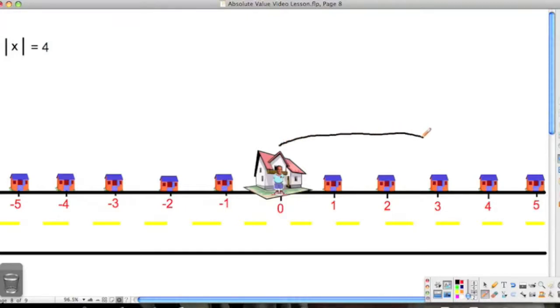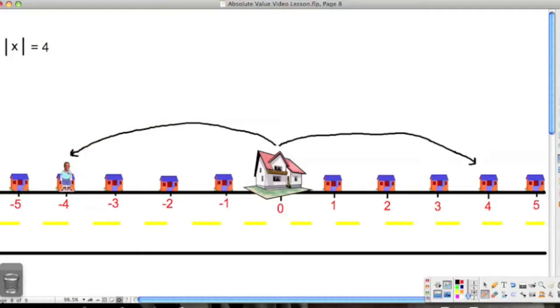This one is 4 away from me, because if I go to that house, I've jogged 4 miles. But I could also jog 4 miles this way. So by definition, this house is also 4 miles from me.